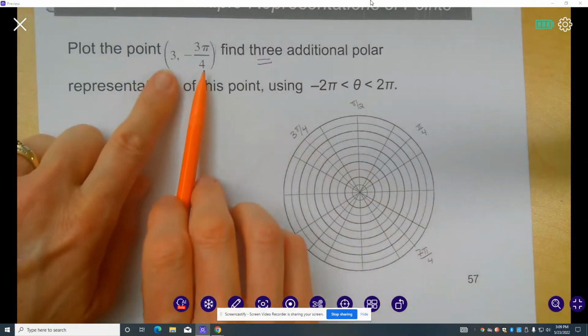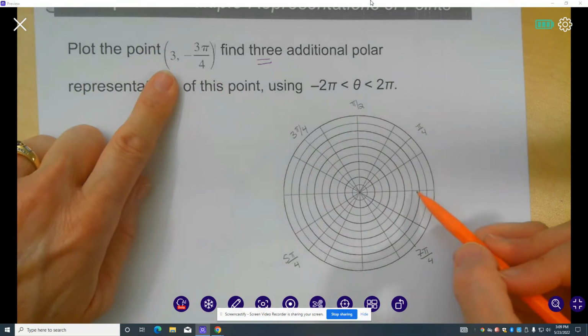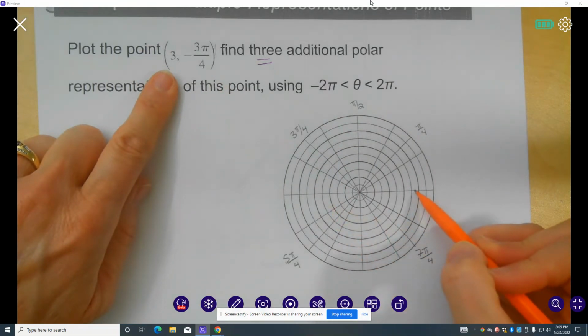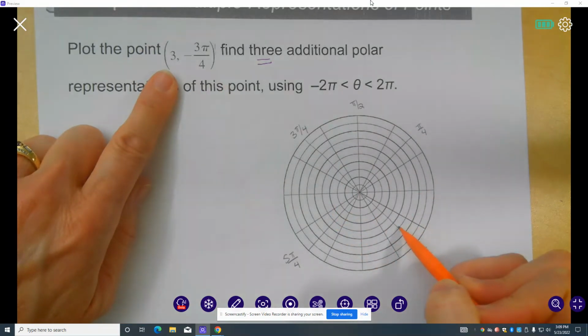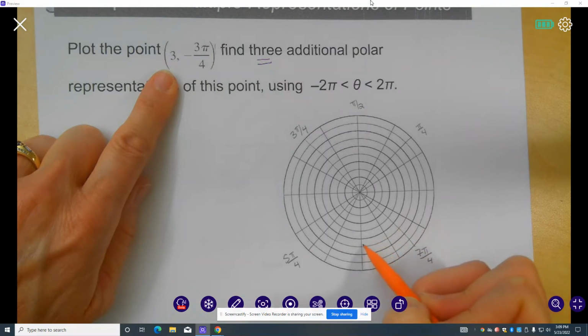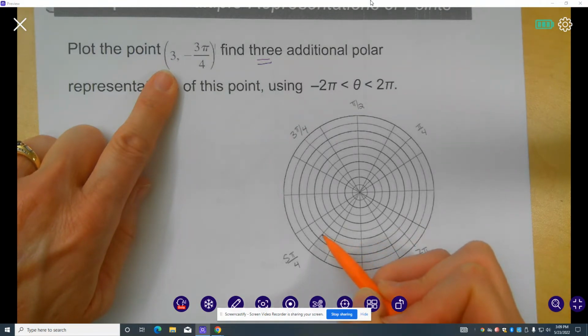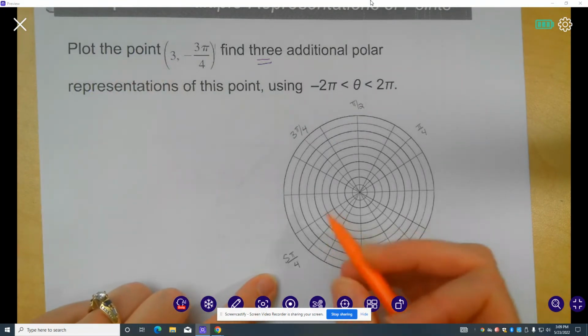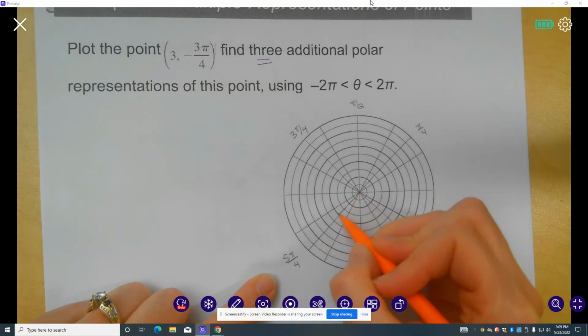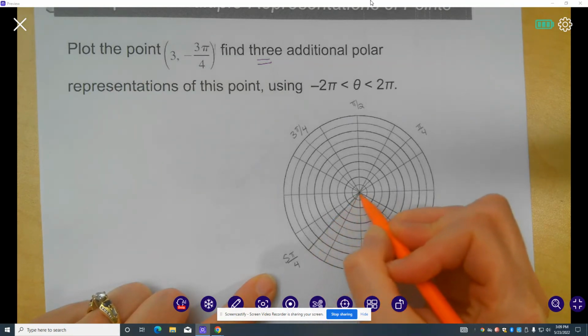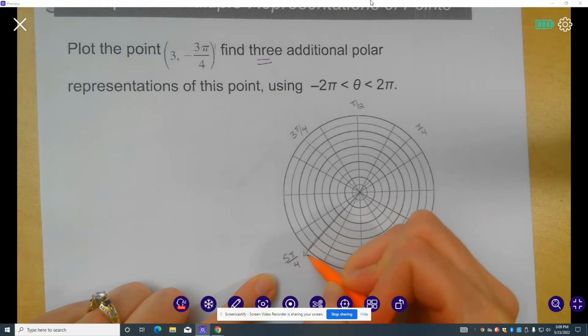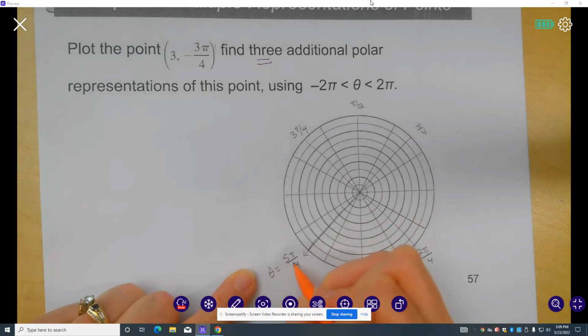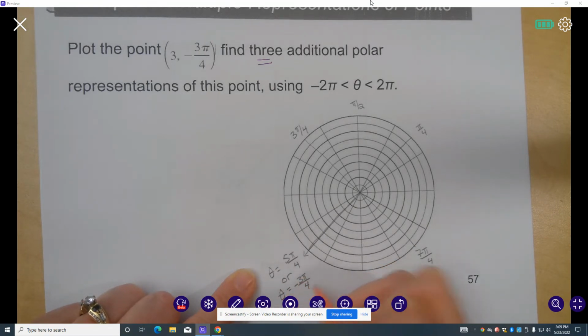Now, this actually says negative 3 pi over 4. So I want to count in the negative direction. So this would be negative 1 pi over 4, negative 2 pi over 4, negative 3 pi over 4. So this terminal side here, if you want to think about it that way, is theta equals 5 pi over 4, or theta equals negative 3 pi over 4.